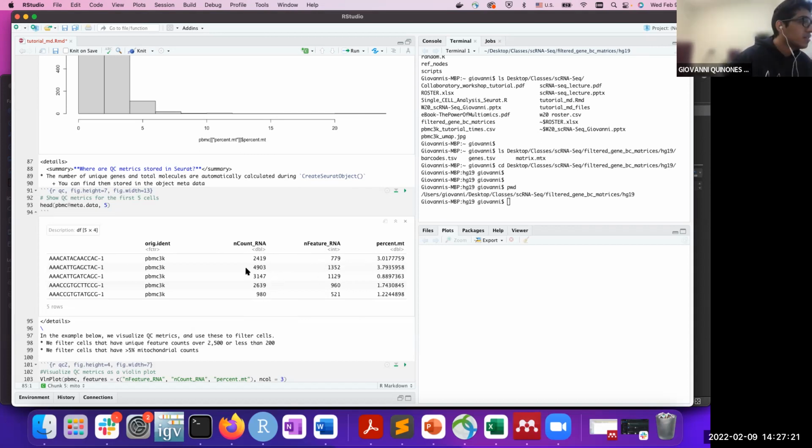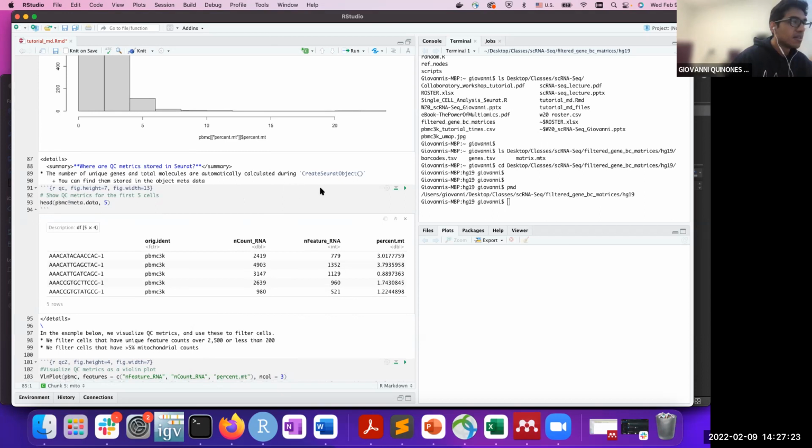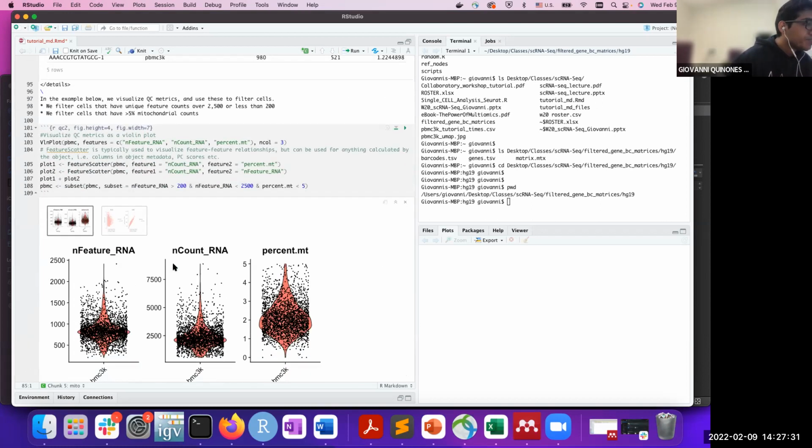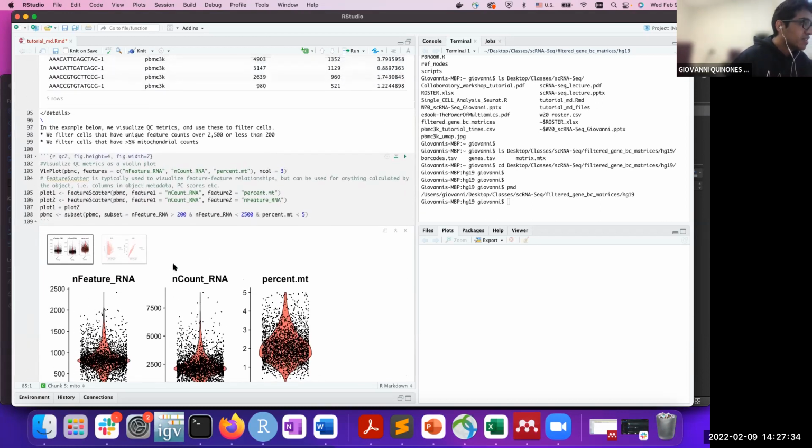Okay, hopefully everybody has completed this cell and has taken a look at our data frame. Let's complete this last part, and then after this we're going to take a little break. Oh, there's another question.